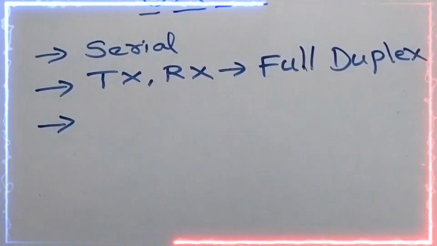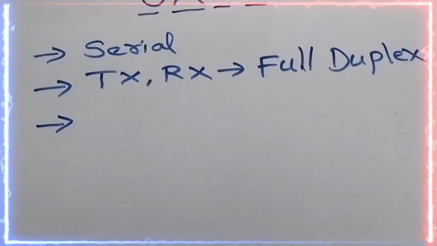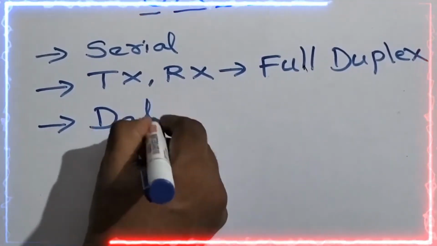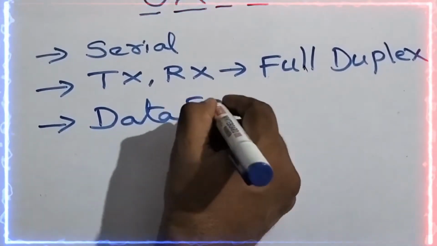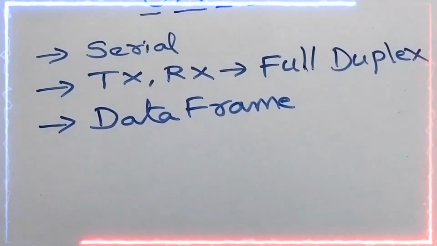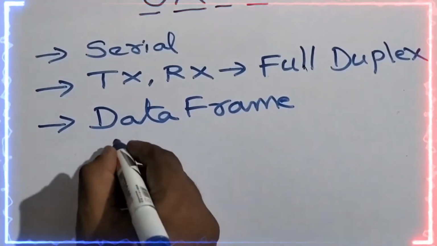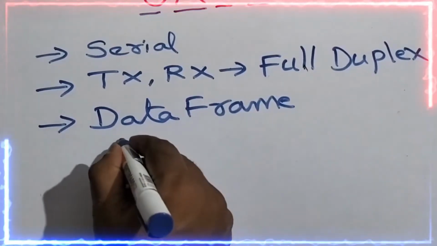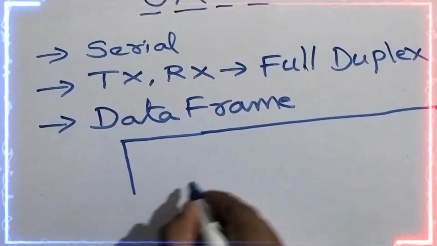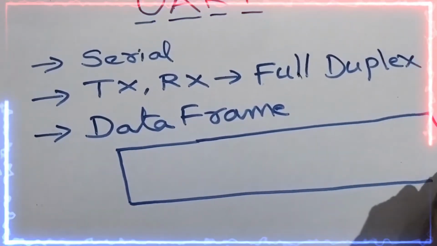In the serial transmitter, we need to define the data frame for the UART communication, friends. A data frame, a data packet, will typically look like this.